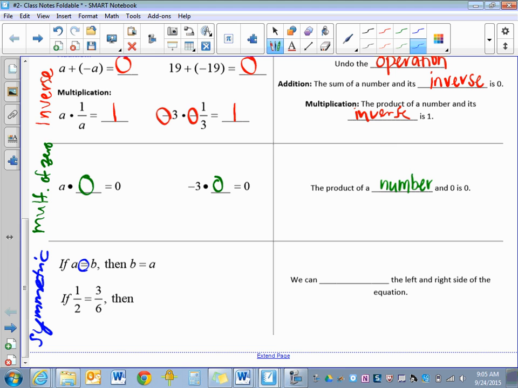So if 1/2 equals 3/6, then that means that 3/6 equals 1/2. So we can switch the left and right side of the equation. And notice we're talking about equations here, which means we have an equal sign.